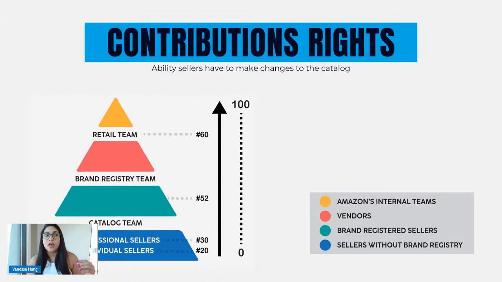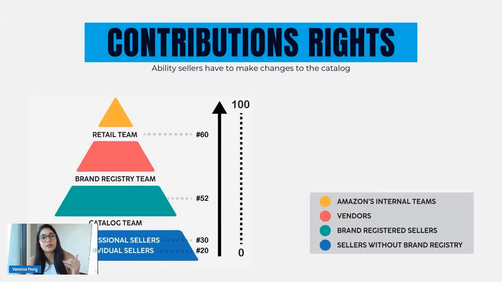That is not completely true, because at the end of the day, a higher entity, which could be a vendor, another seller, or an internal team on Amazon, could override your listings. So bear in mind that by having a trademark, you are not completely protected.